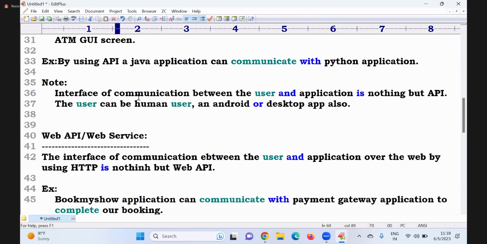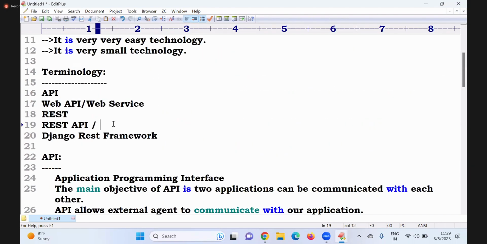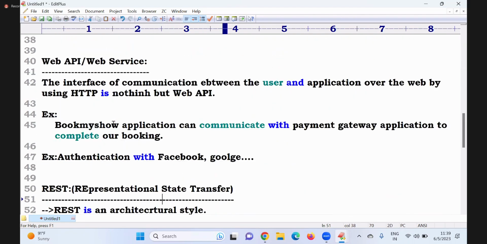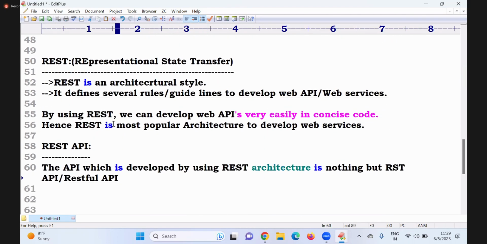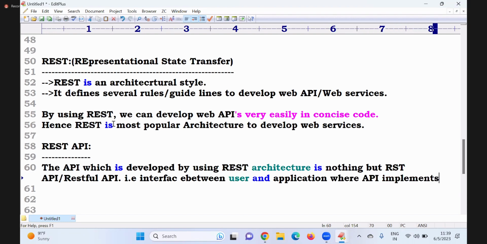Both are the same. That is, it is one interface between the user and one application, where the API implements REST architecture. That is called a REST API.